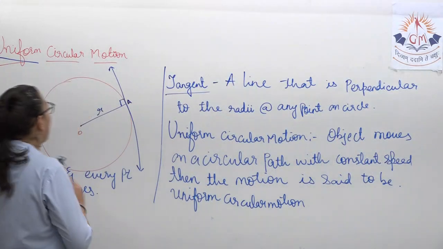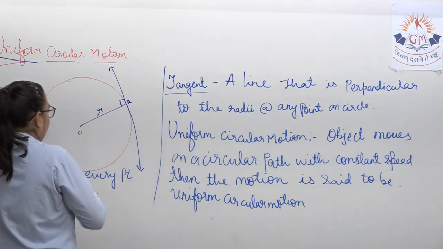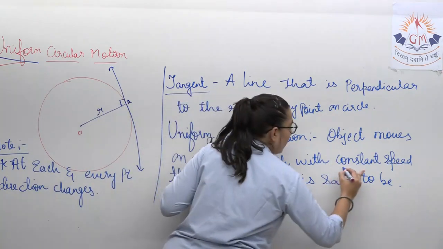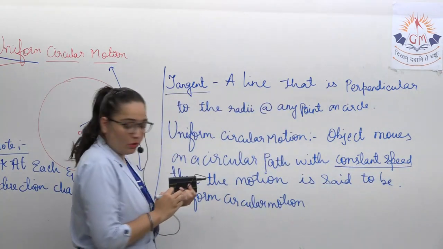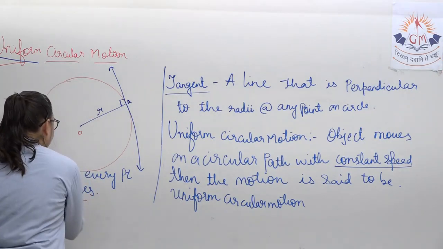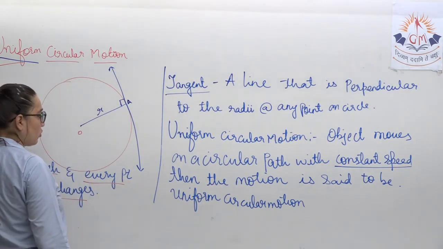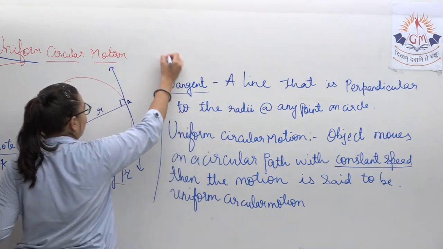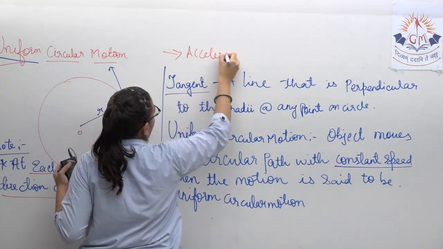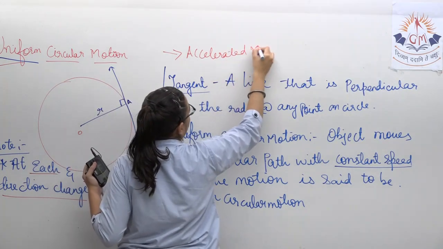You have to remember one point over here. The speed is constant. This word, you know. One more thing, direction is changing at each and every point. So, the velocity is changing. So, this is which type of motion? Accelerated motion.